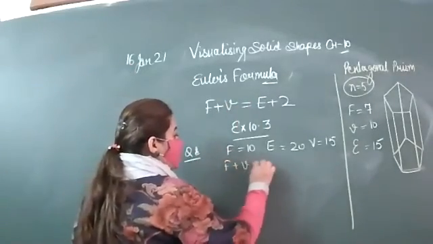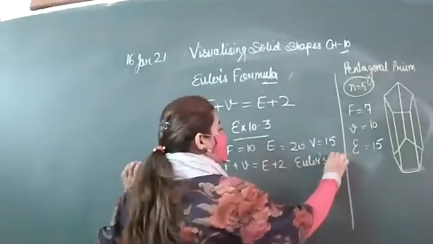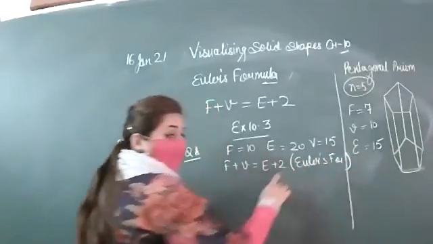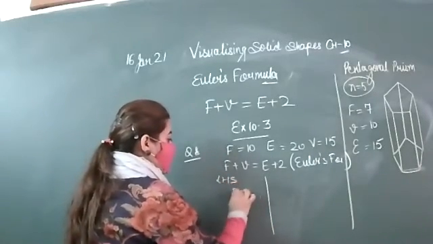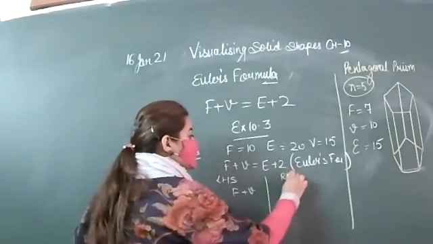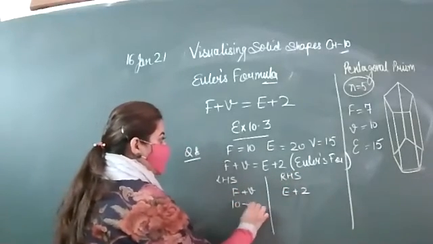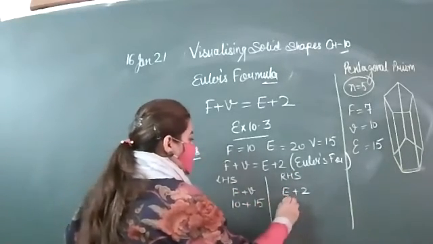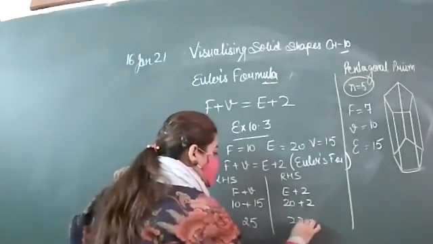Now, let's use this formula. You will write the formula first. You will write in the bracket that Euler's formula we are using. Actually, we are verifying. So you will solve the left-hand side, that is F plus V, and the right-hand side separately. Faces are 10, vertices are 15, edges are 20. So this is 25 and this is 22.